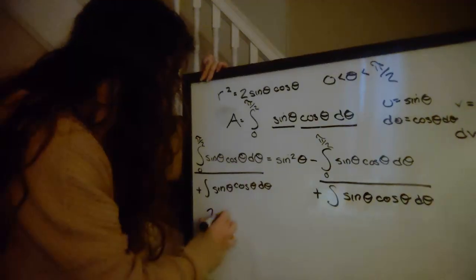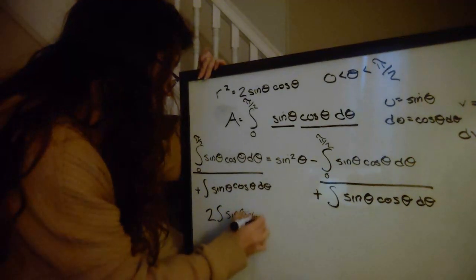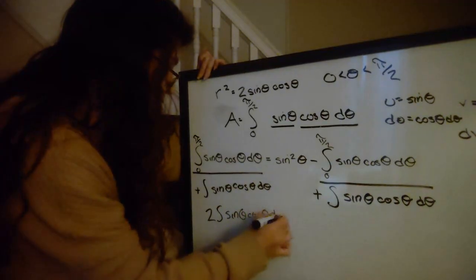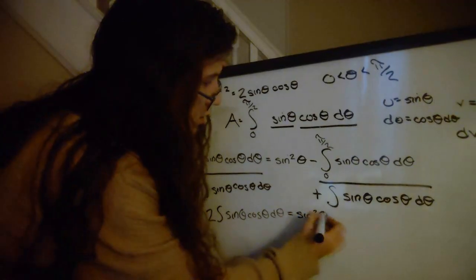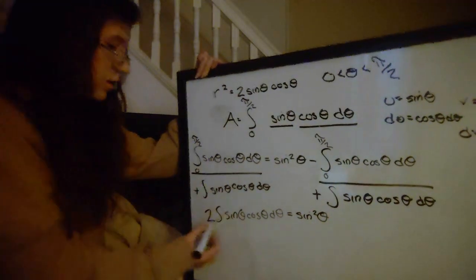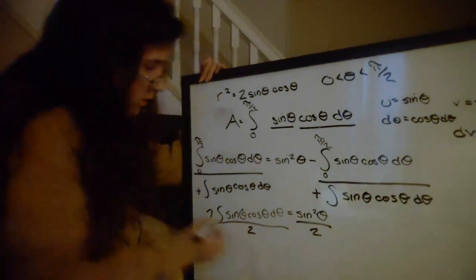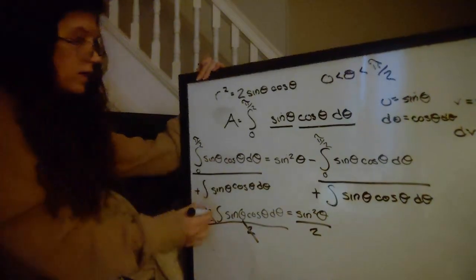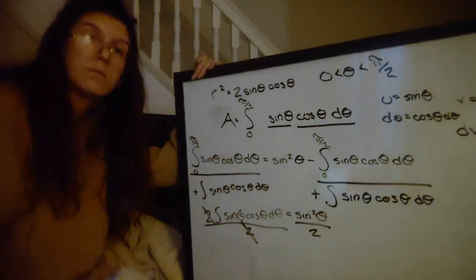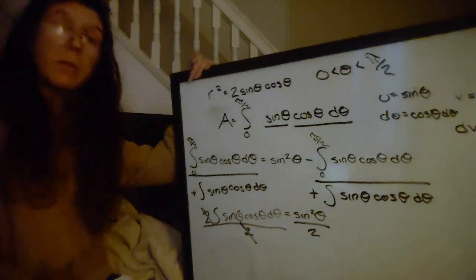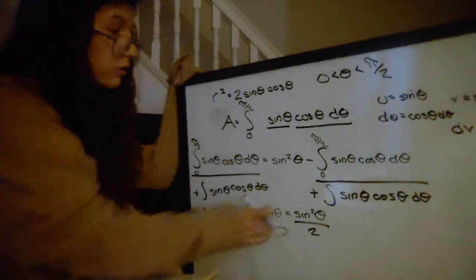And then I get 2 integrals. And I'm just not labeling my bounds because I'm just not. Equals sine squared theta. And then all I needed to do is divide by 2. Those cancel. So my integral equals this. Such a trick. I forgot about it. But it exists, and it works, and it's valid. So my integral is actually this.